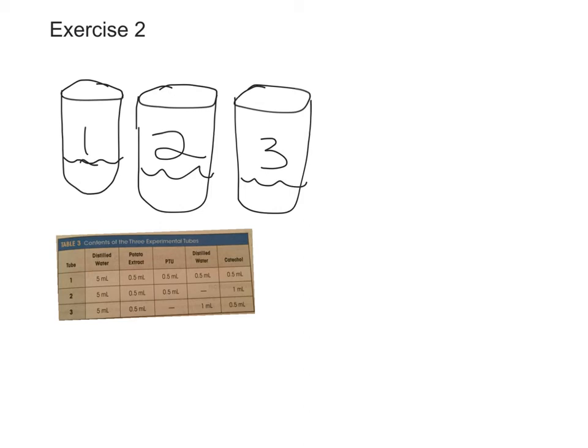All right, so that's test tube number 1. Test tube number 2, distilled water, potato extract. Again, we've got our PTU, and we've got an increased amount of catechol. So between 1 and 2, the amount of catechol is increased. Let's take a look at number 3. Test tube number 3 has the distilled water, the potato extract, no PTU, so no inhibitor. And to make up for that, it's going to have distilled water, and it's going to have catechol.